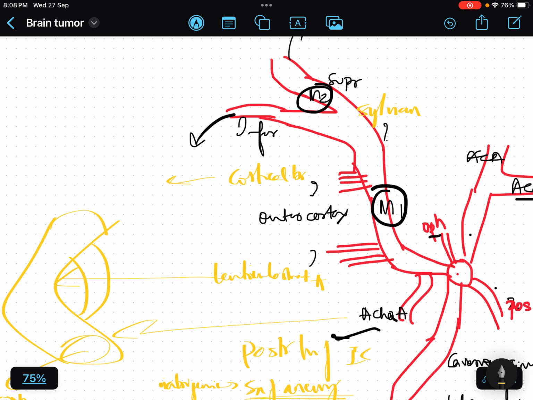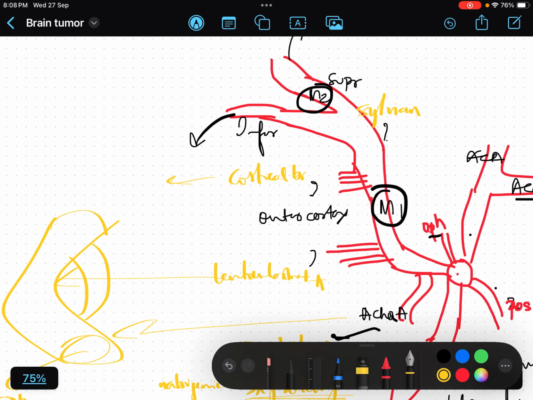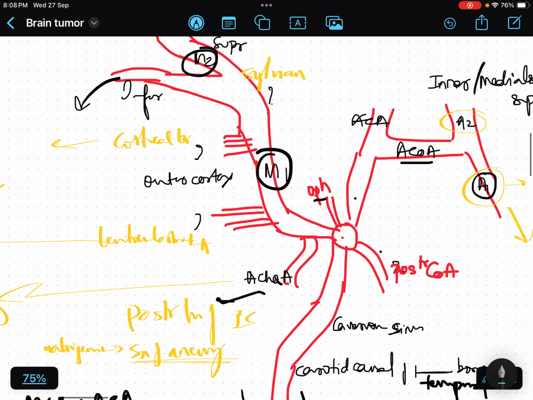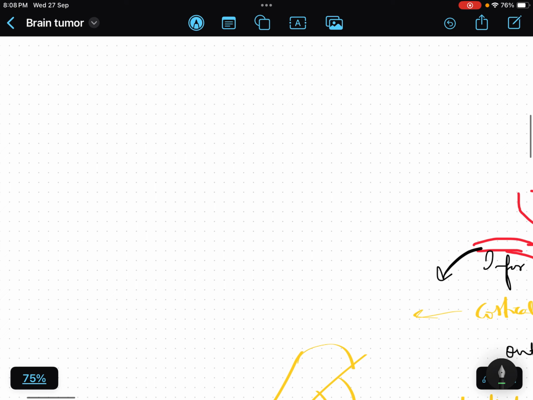Okay, now injuries of MCA. If MCA is affected at its origin, then you will have contralateral hemiplegia, hemianopia, hemianesthesia, facial weakness.